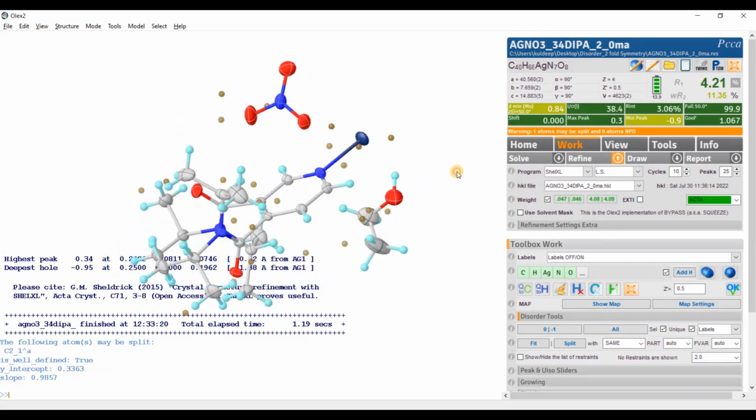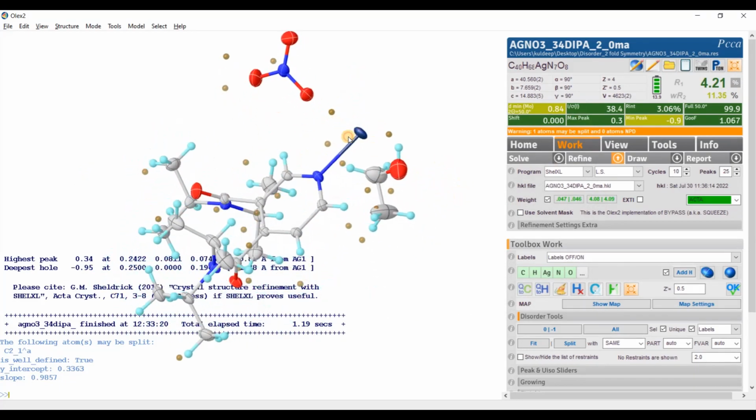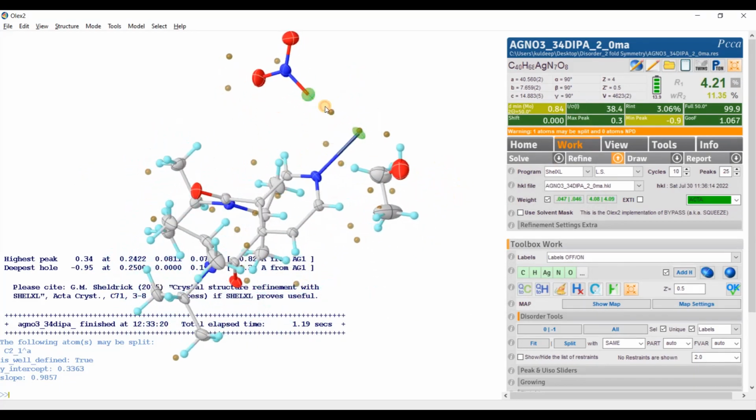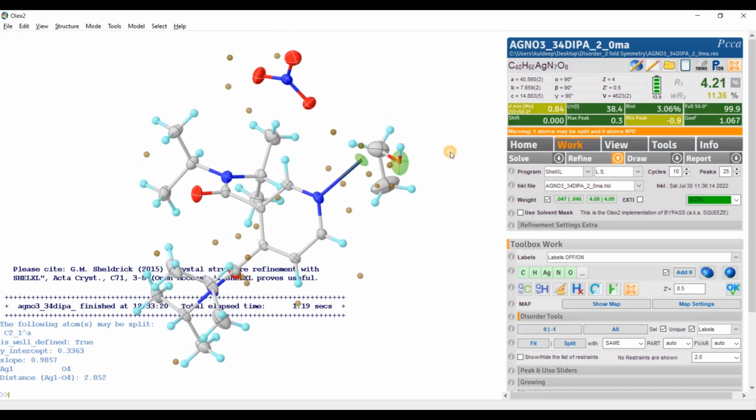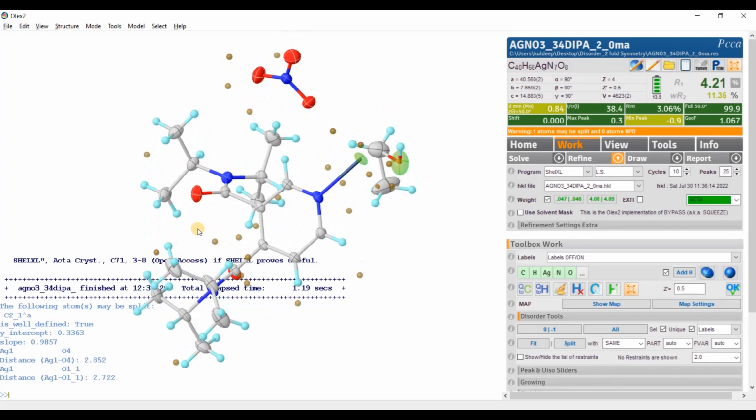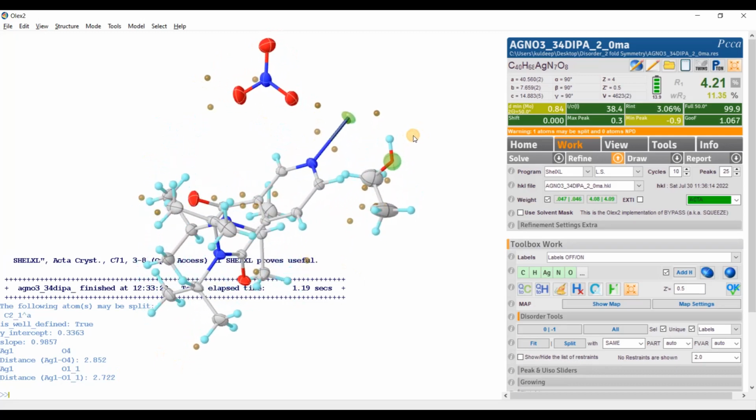Then you can see the distance between this oxygen and silver just by selecting and typing CELL. The distance is around 2.8 angstrom, which could be a possibility for a silver-oxygen bond. And similarly, if you select these two atoms, the distance between this ethanol oxygen and silver is 2.7 angstrom.